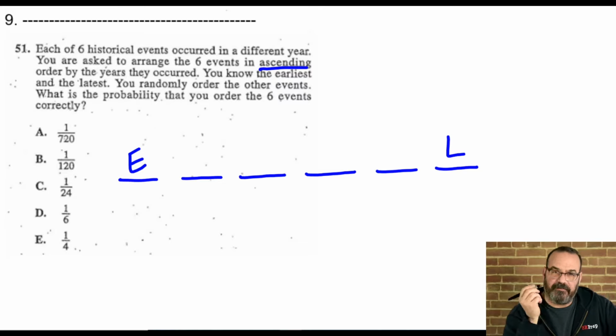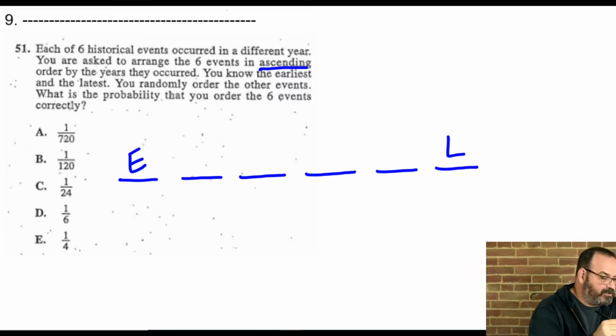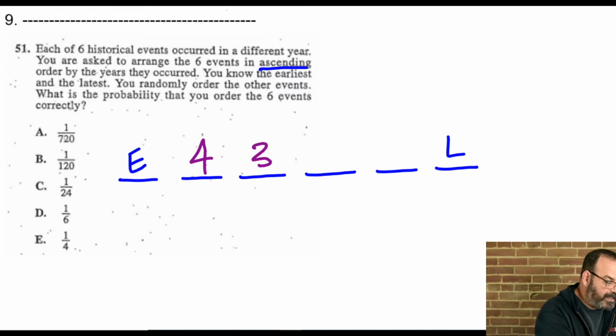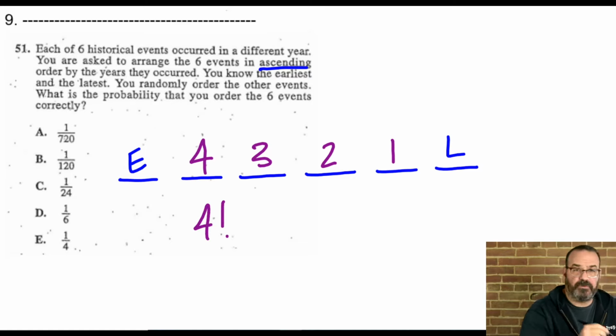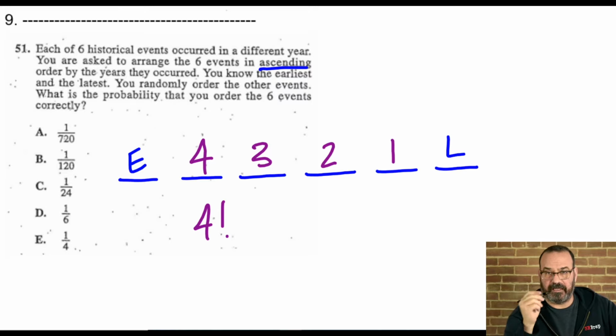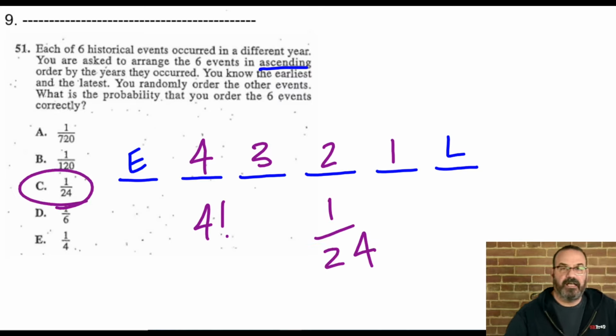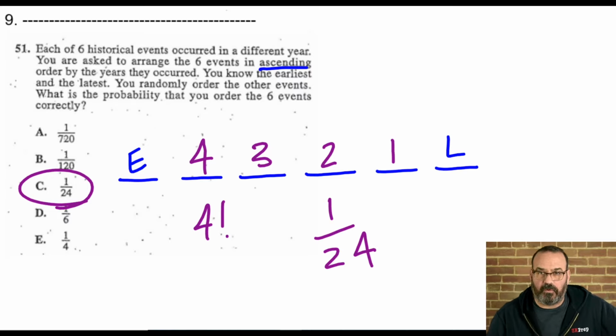This is actually a factorial problem disguised as a probability problem, because when you have 4 things, the first choice is 4, but once you pick one of them, you have 3 left, then 2 left, then 1 left. This is 4 factorial, which is 4 times 3, 12, times 2, 24, times 1, 24. So the chances are 1 out of 24, which is answer choice C. There are 24 different ways to order 4 things.